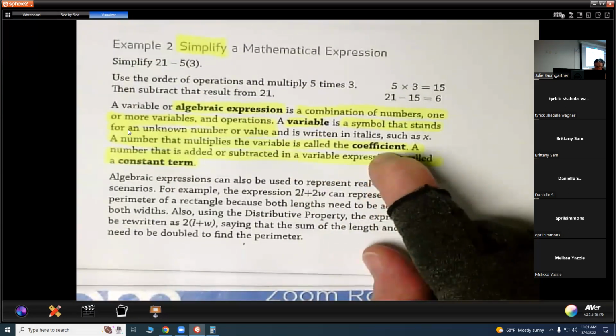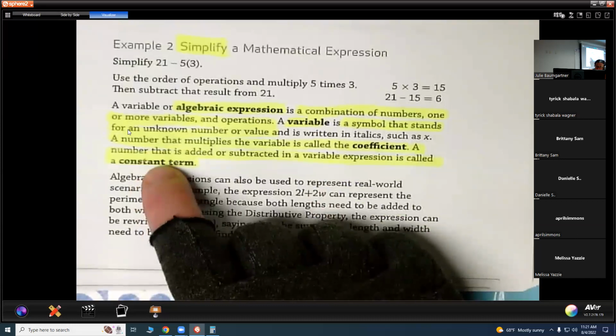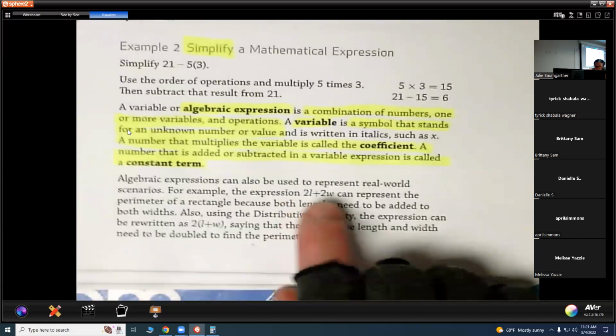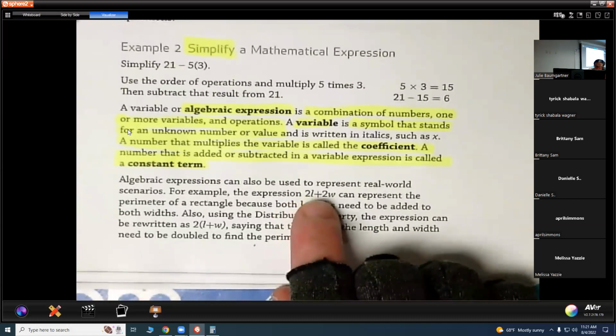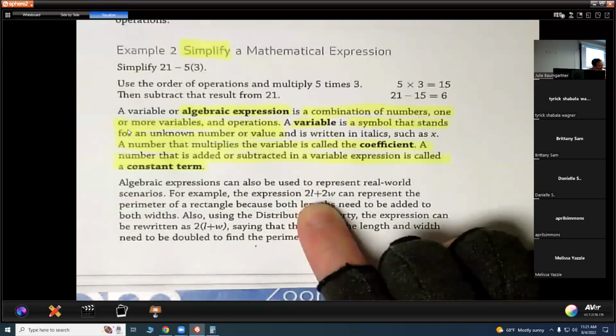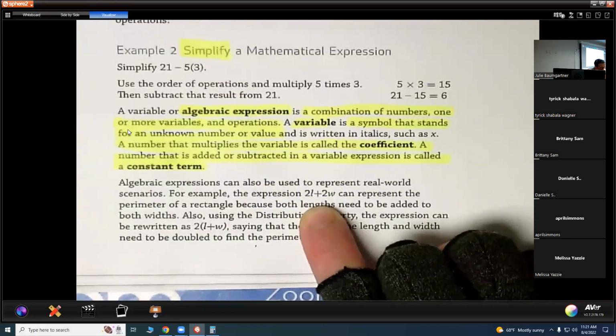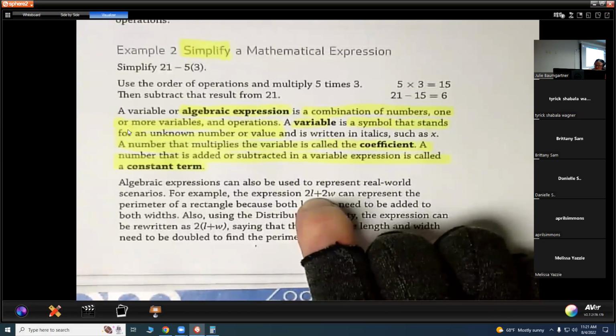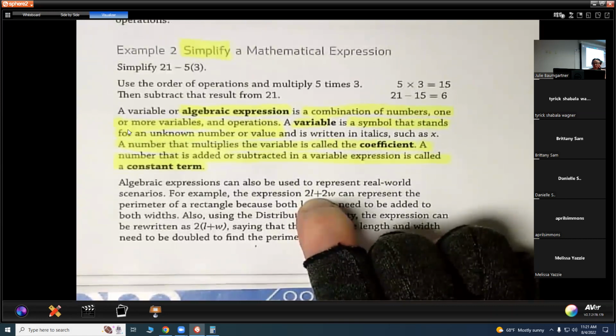Oftentimes we're going to see a coefficient, and other times we're going to see a constant. Okay, so for example, if you look at this expression right here, 2L plus 2W, okay, how many variables are in this expression? Anyone know?